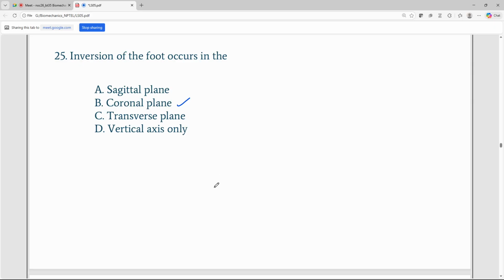It is the tilt towards the medial and lateral position.